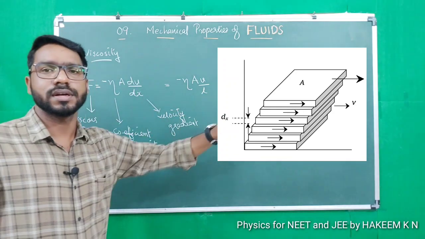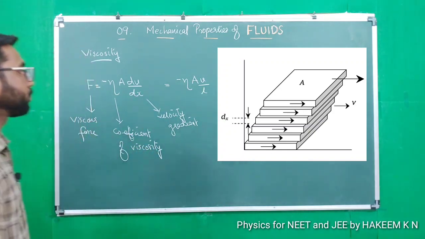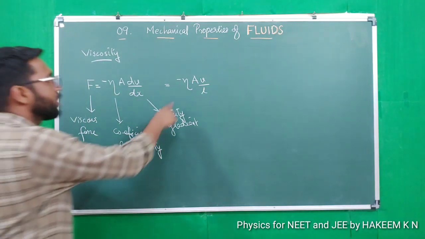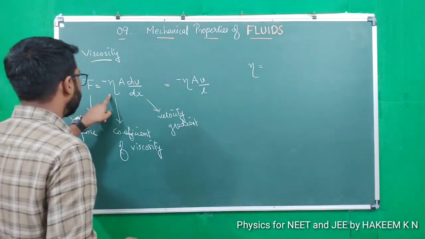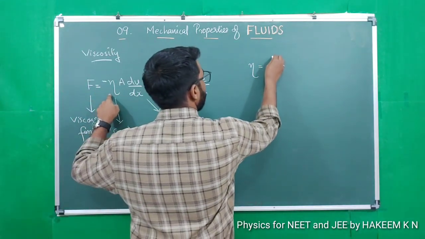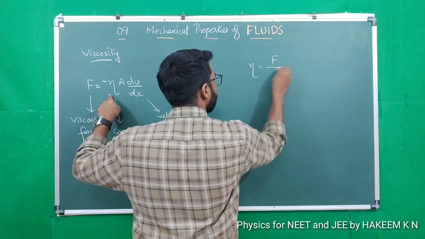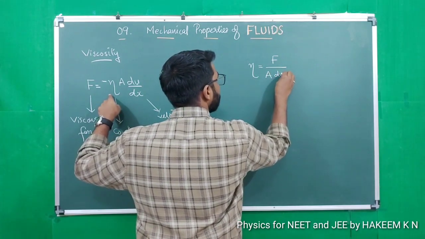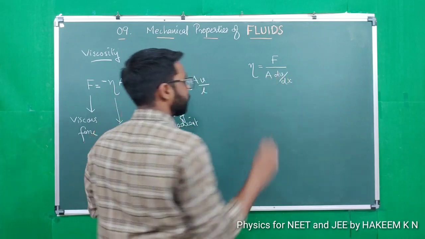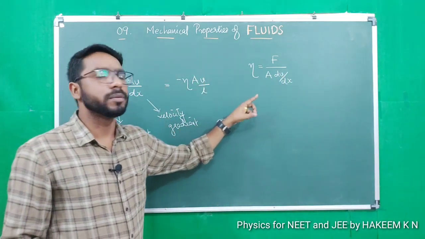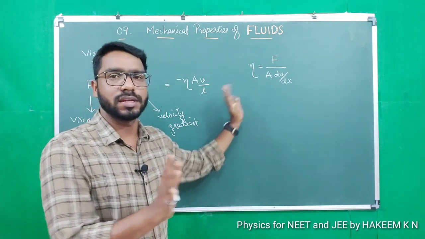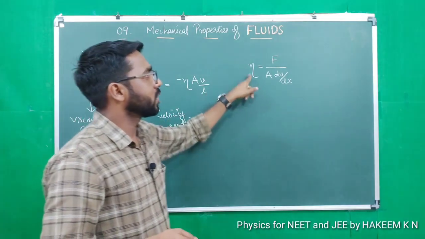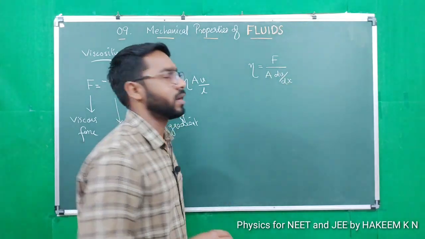Okay, and V is the velocity of liquid layers. From here we can say eta equal to F by A into dV by dx. Eta is always taken as positive. We are not taking the negative sign here. Eta equal to F by A into dV by dx.